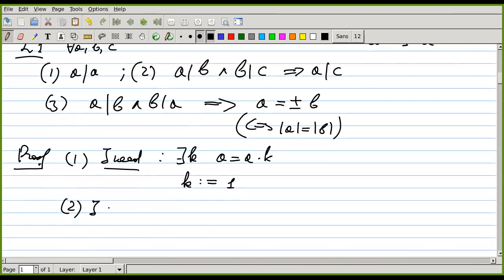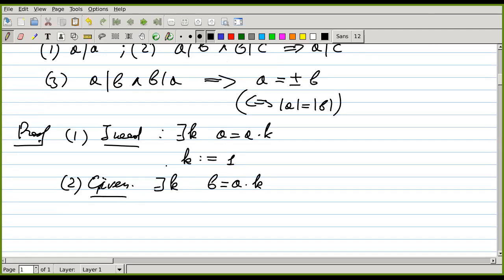Now I have an implication to prove. So that's given that for some k, b equals a multiplied by k, that is, a divides b. For some m, c equals b multiplied by m.